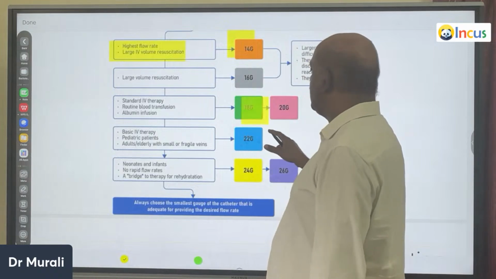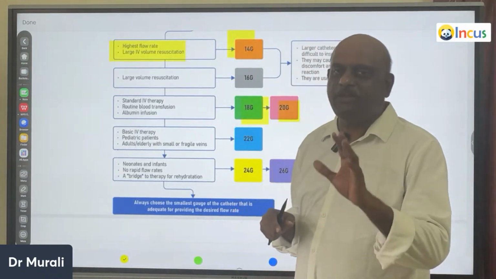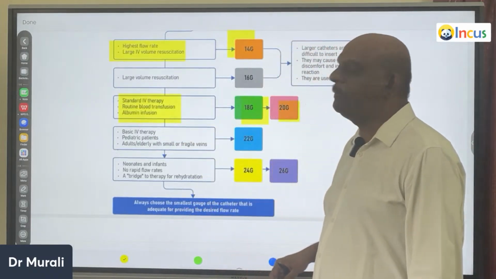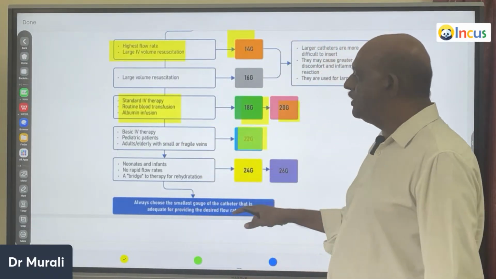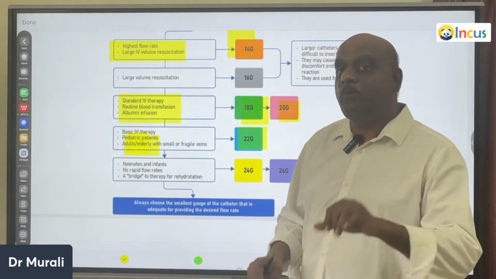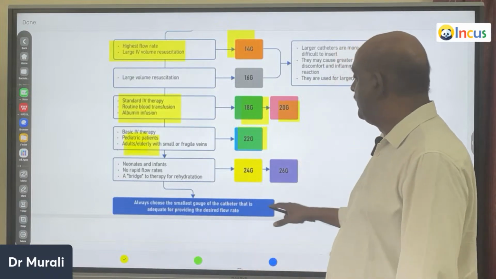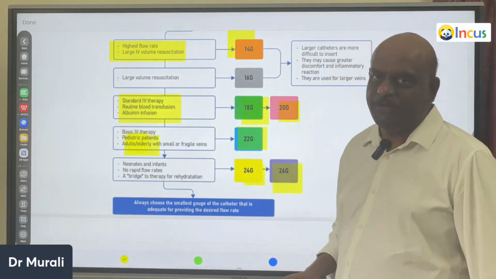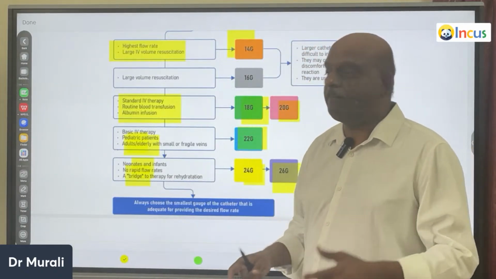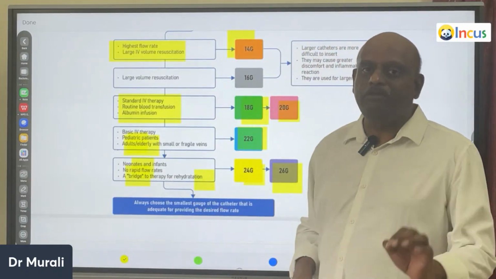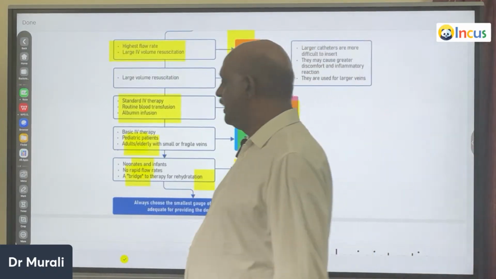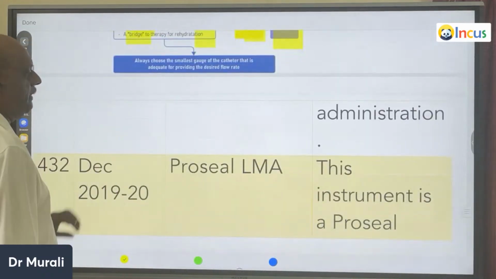Then 18 gauge and 20 gauge are the ones used for standard intravenous therapy, routine blood transfusion and albumin infusion. 22 gauge is for basic IV therapy, pediatric patients or very elderly people who have very fragile veins. 24 and 26 gauge are for neonates, no rapid flow, and also whenever you are giving a bridge therapy for rehydration. And always the rule is choose the smallest gauge as much as possible whenever you are doing the infusion, is what you have to remember.